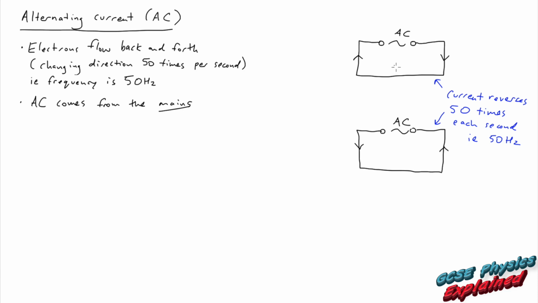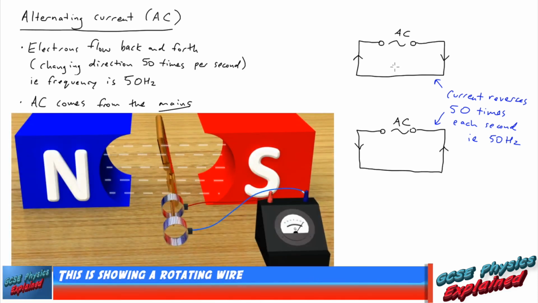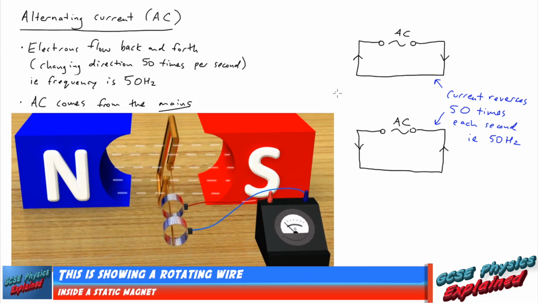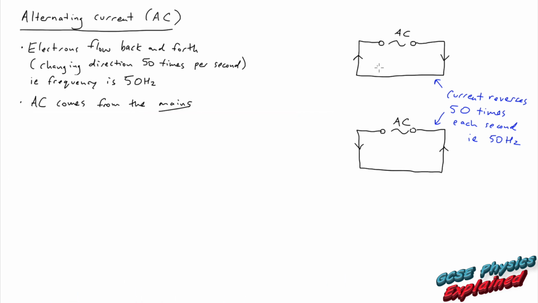And a generator is basically a massive magnet inside a coil of wire. And as the magnet spins, it's like going north, south, and that makes the current go backwards and forwards, backwards and forwards. And so basically the magnet in the generator is spinning 50 times a second, which means that the current is reversing 50 times a second. You'll find out more about that in another lesson.